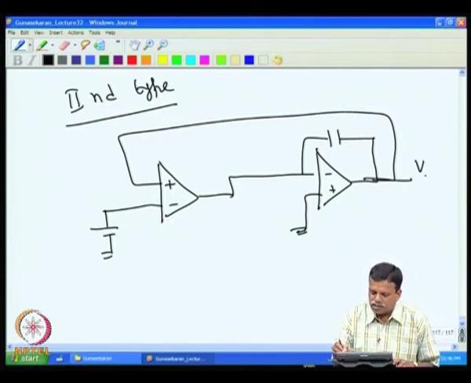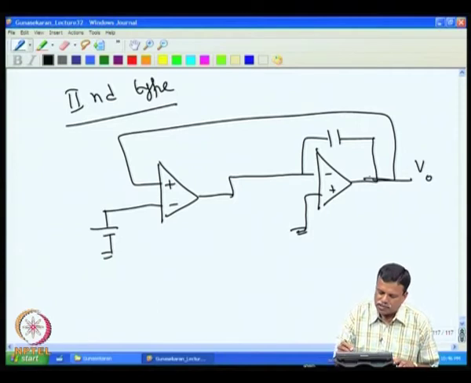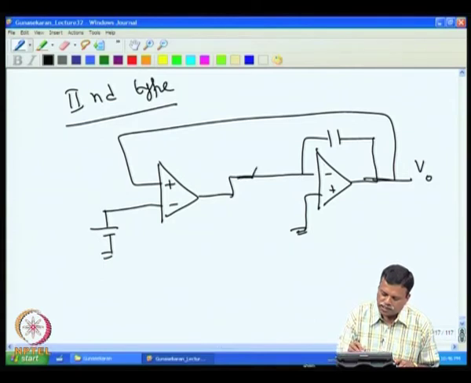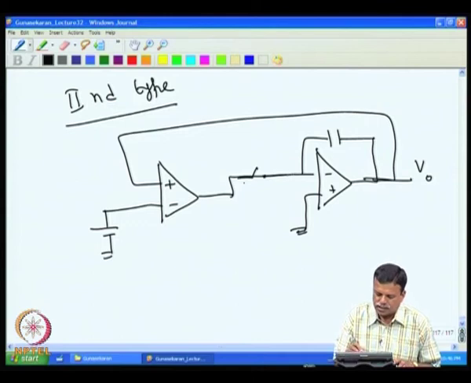In this case it is good because one end of the capacitor, the charging end, is at ground potential, and when you operate the switch for disconnecting the input, the charge injection is very low in this kind of amplifier.